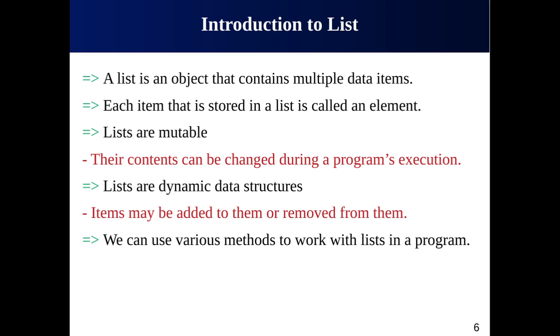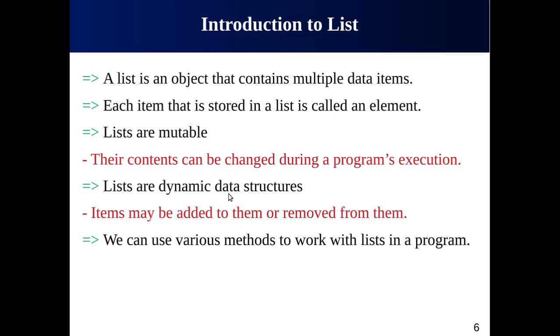And the lists are mutable. You can change the elements of the list, which means that their contents can be changed during the program's execution. So this is a very important property of the list, that lists are actually mutable, which means you can change the contents during the program execution.